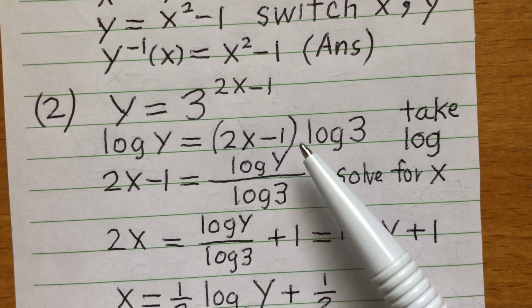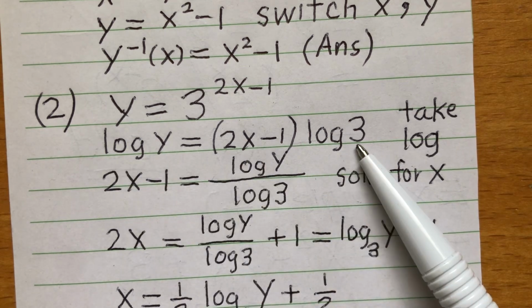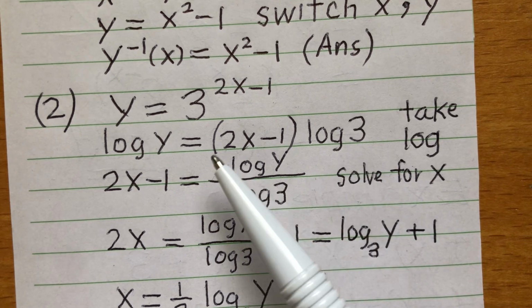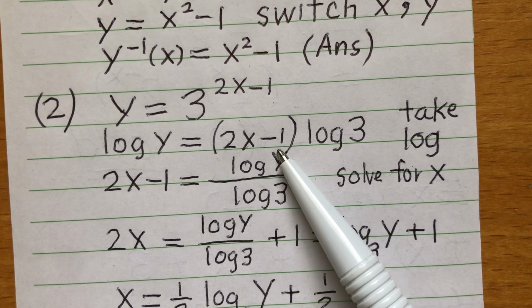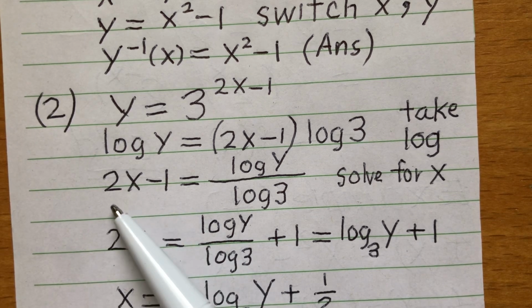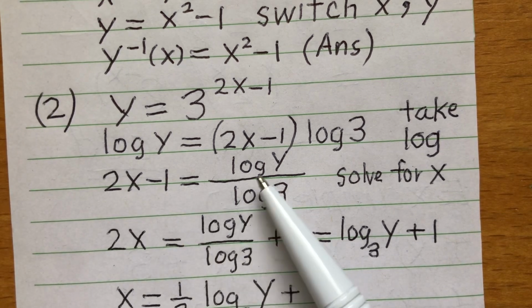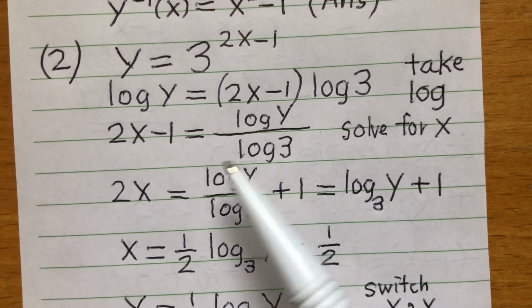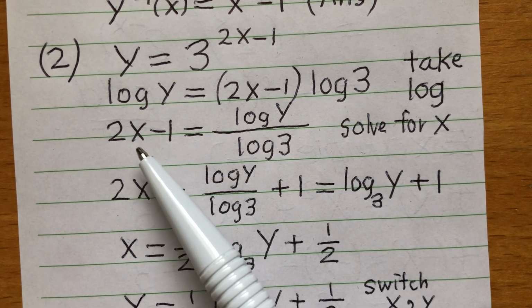Then I divide the whole thing by log 3. And I write 2x minus 1 on the left-hand side. And I get this: 2x minus 1 equals log y divided by log 3. I want x.